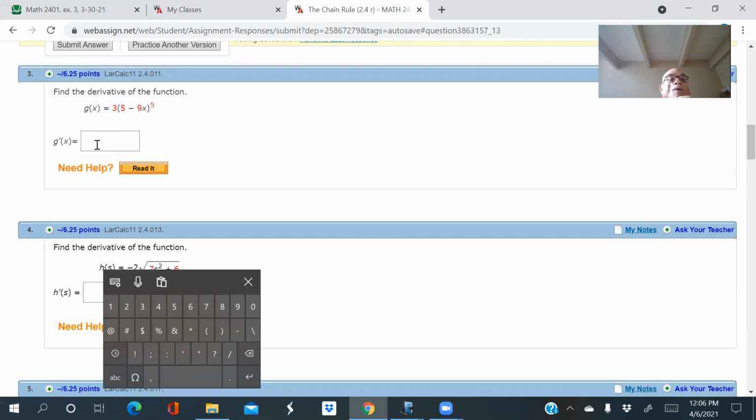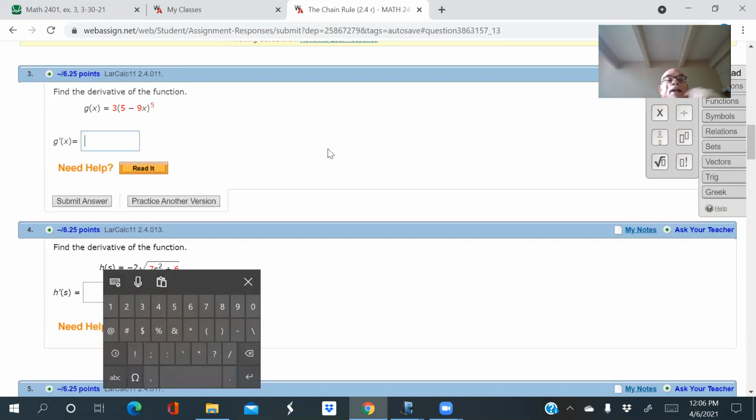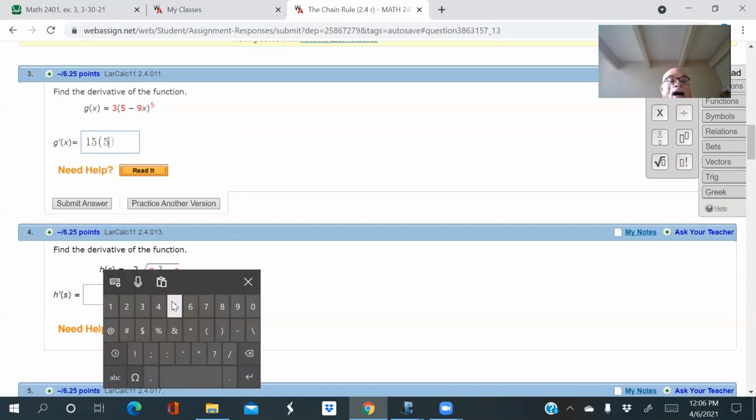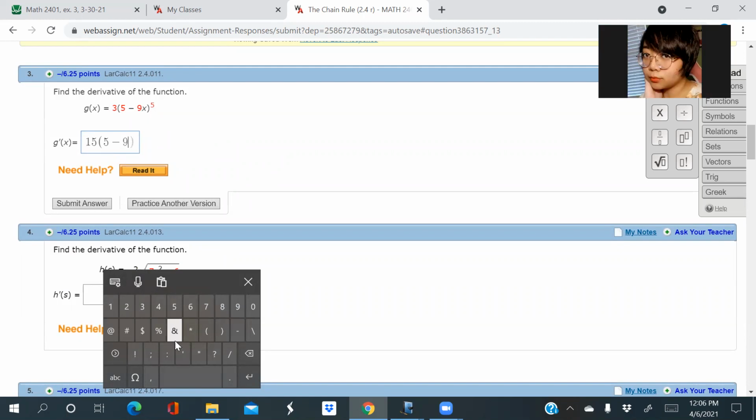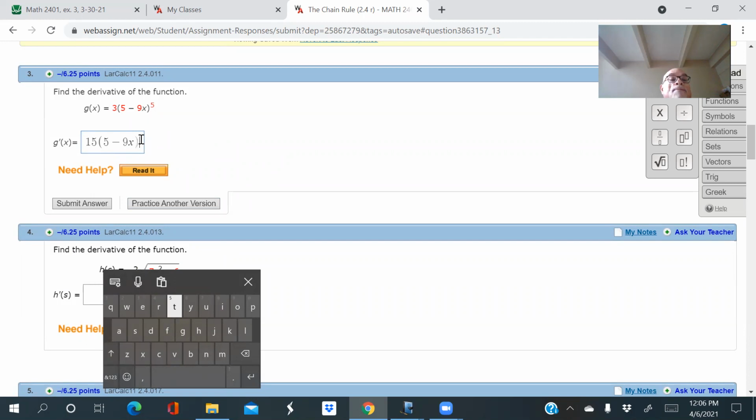So your ultimate answer there would be, bring the 5 down and multiply by the 3. So 5 times 3 is 15, and then keep the 5 minus 9x raised to now the 4th power.